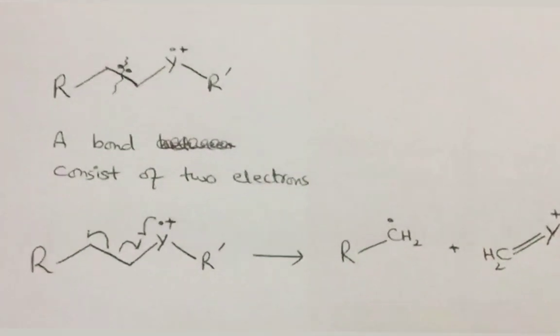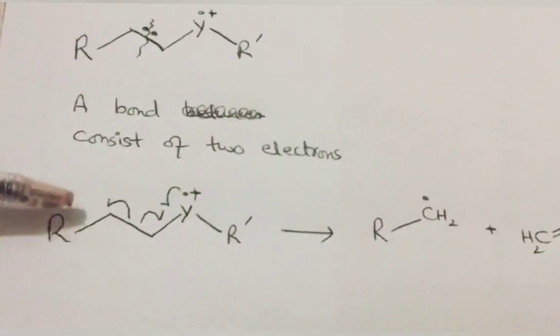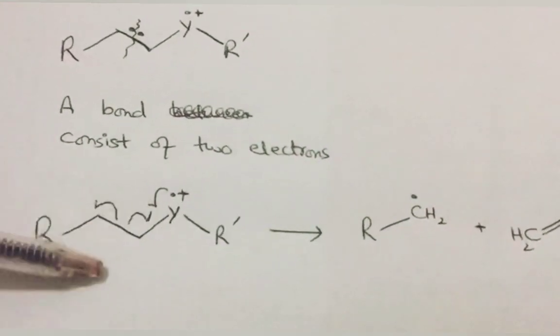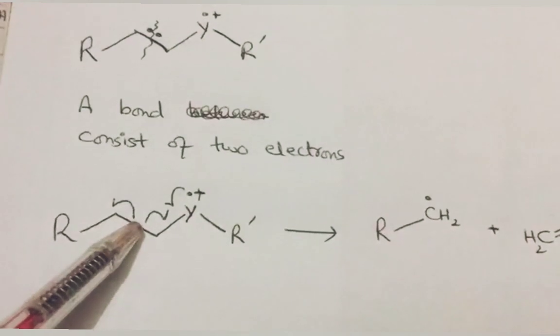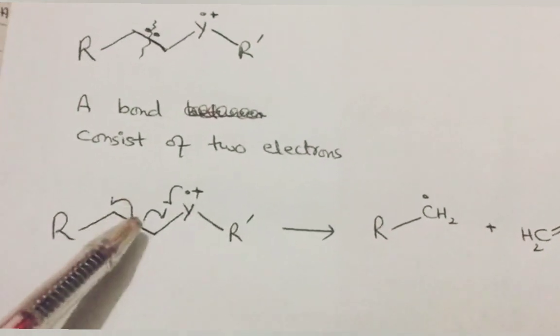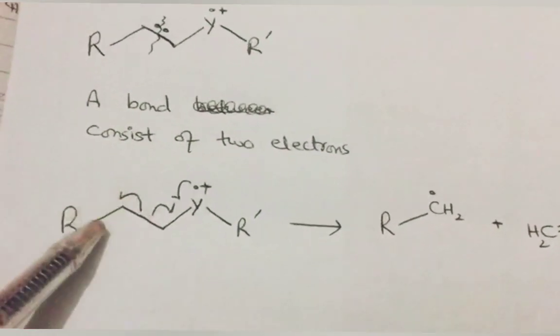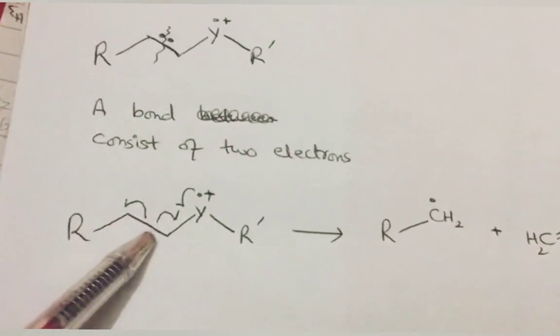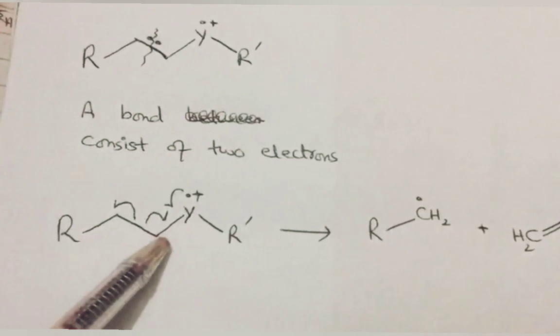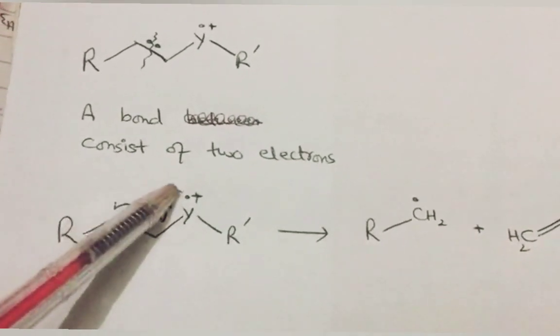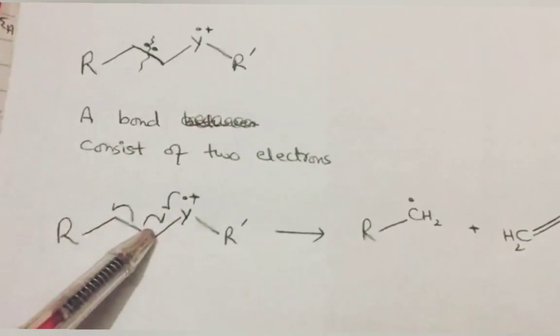So let us look at the example. Here Y is the heteroatom. There ionization occurs, which is the very first step. Then the next carbon is the alpha carbon. Then the bond will break, and we show the breakage of the bond by using single-headed arrows, and the arrows show the direction of the movement of the electrons in the molecule.